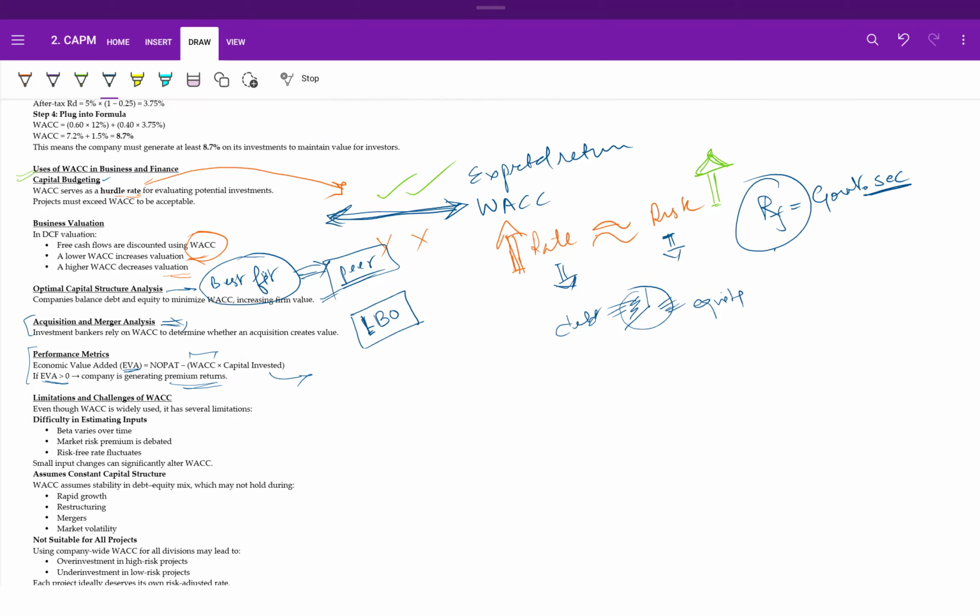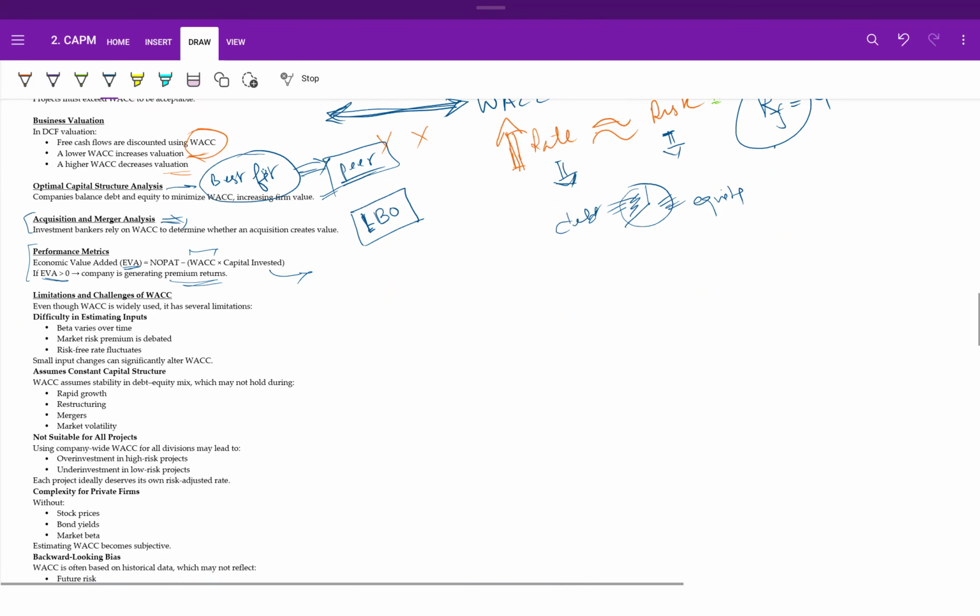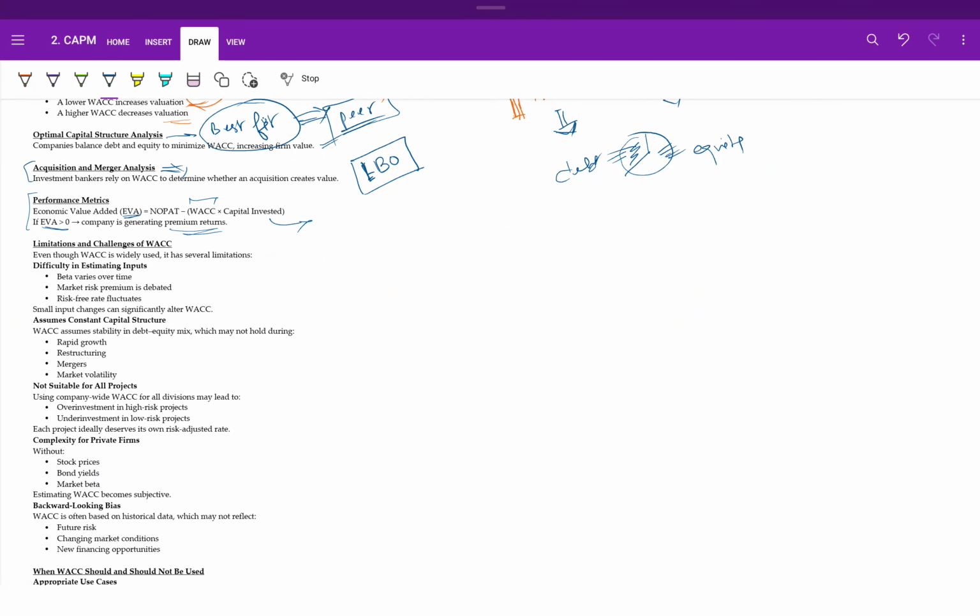Okay, let's talk about the limitations and the challenges of weighted average cost of capital. So WACC is useful but not perfect. The first point here is the difficulty of estimating inputs, because beta keeps on changing over time, and beta is used to calculate the cost of equity, R sub E, which represents the cost of equity.